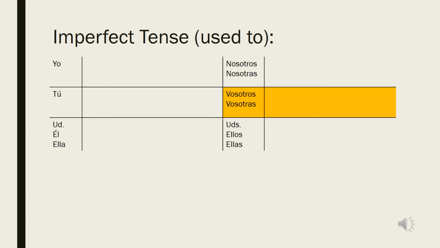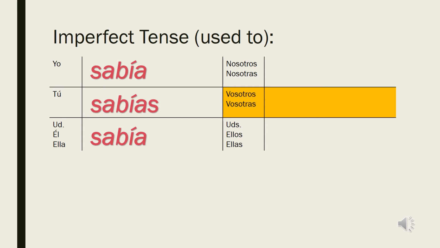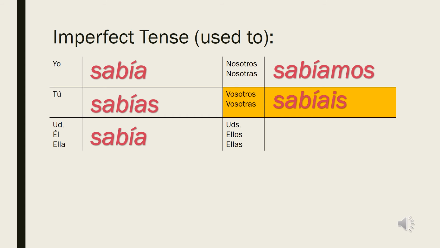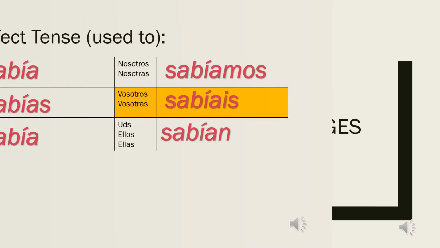So saber in the imperfect tense is going to talk about used to knowing how to do something or used to know some fact or information. So the yo form is sabía, tú sabías, usted, él, ella sabía, nosotros sabíamos, vosotros sabíais, ustedes, ellos, ellas sabían.